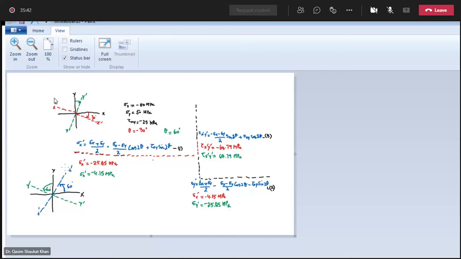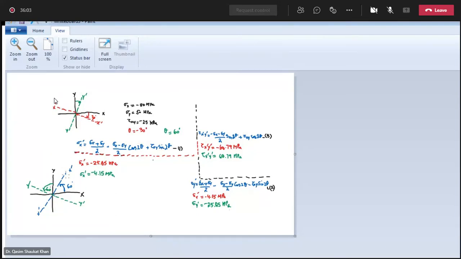So it means that the normal stresses, their magnitude over the plane will remain the same. Only their designation will change, whether it will be sigma x dash or sigma y dash, but their magnitude over the plane will remain the same.